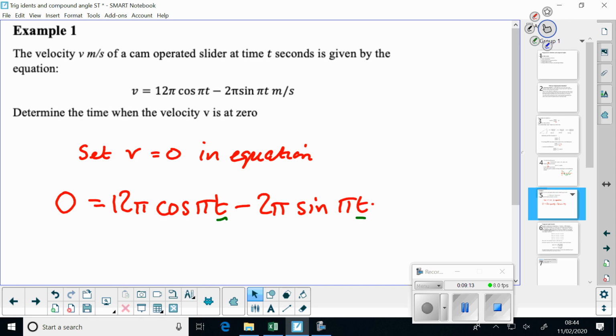You could do that, but there's something better. If you think of it like that, just isolate the two sine and cosine functions there. What could we do to simplify what's there? No, not an identity yet.